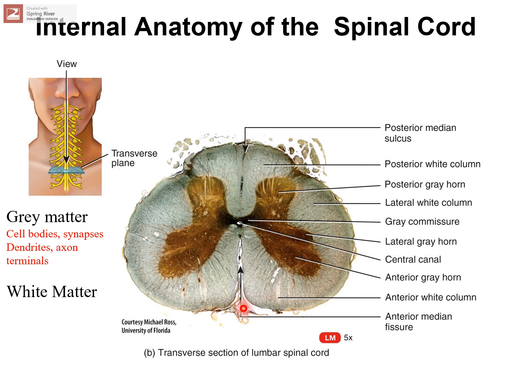Sulcus is a groove, and this is an actual fissure or opening. So this is called the anterior median fissure because it is on the anterior aspect of the spinal cord. Now, if you look at the spinal cord, the gray area looks like a butterfly surrounded by white matter. Okay, and the gray matter can be divided into anterior regions and posterior regions, and these regions are specifically called horns.